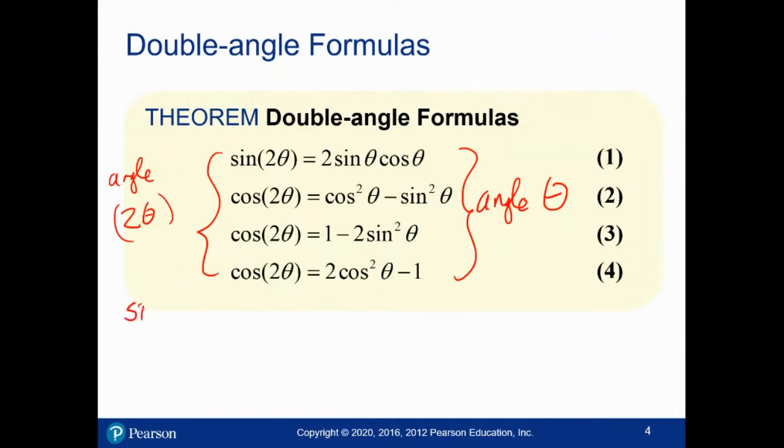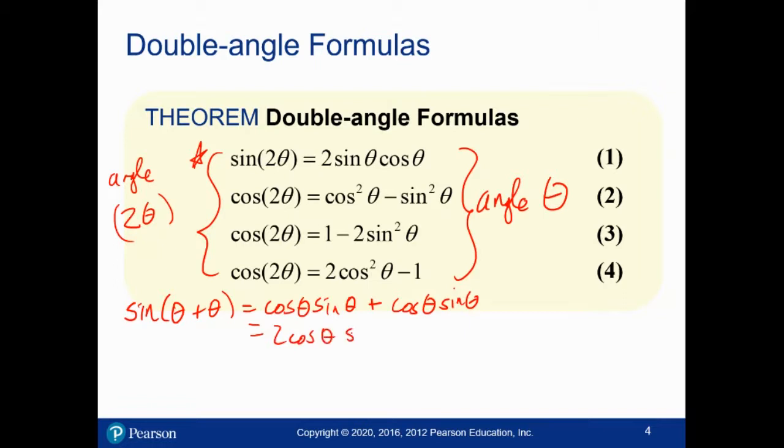So for example, we'll just do this first one here. Instead of looking at the sine of 2 theta, what if I call it the sine of theta plus theta? Now, this is just going to use the sum formula for sine, assuming both of the angles are equal. So I end up with cosine of the first angle, sine of the second angle, plus cosine of the second angle, sine of the first angle, but they're all just thetas, and we just have 2 times the cosine of theta times the sine of theta, which is exactly what we have over here.